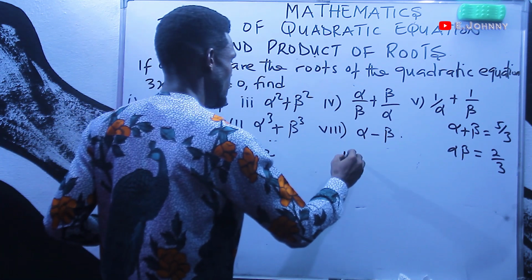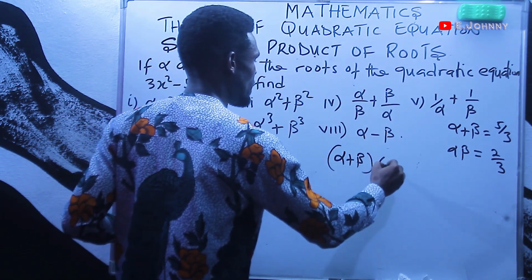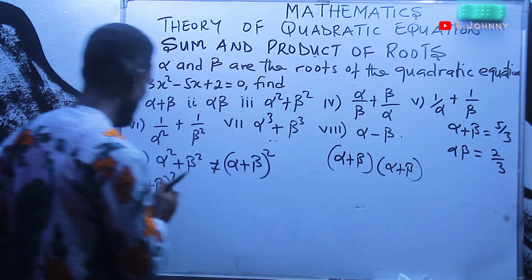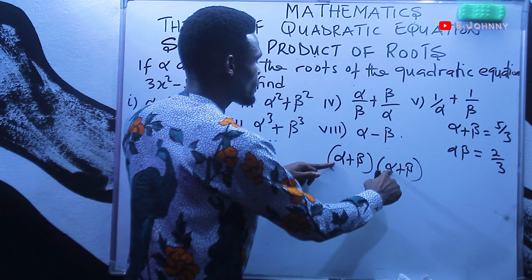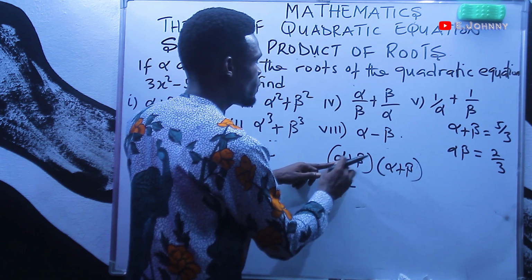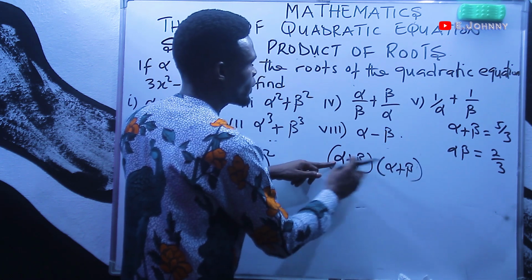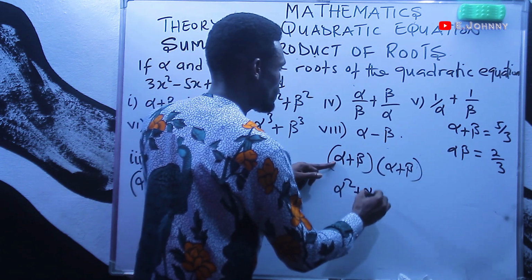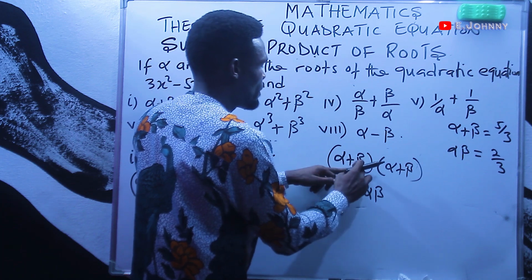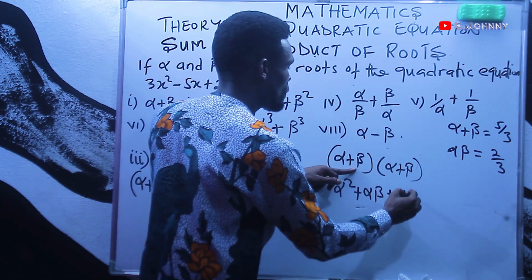If you have alpha plus beta times alpha plus beta, remember it is alpha plus beta in two places. Now let's expand. Alpha times alpha is alpha squared. Alpha times beta is alpha beta. Beta times alpha is alpha beta.